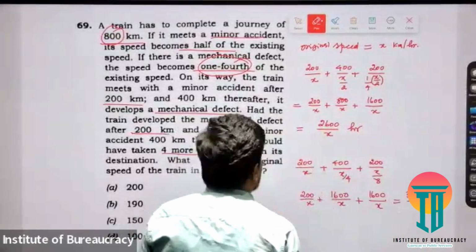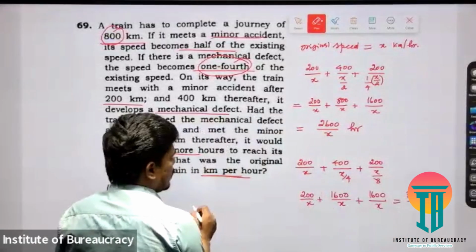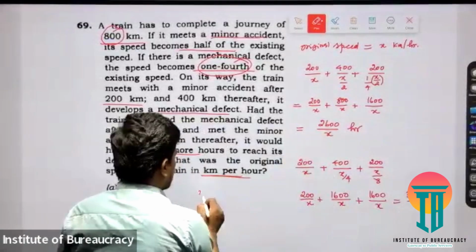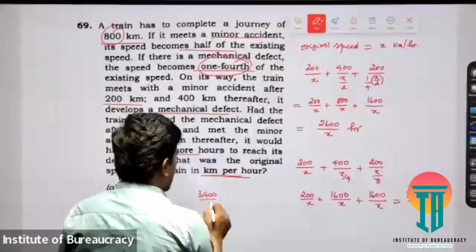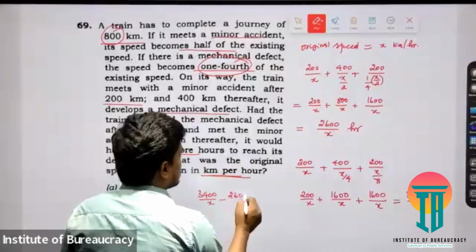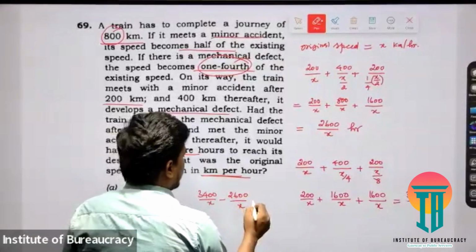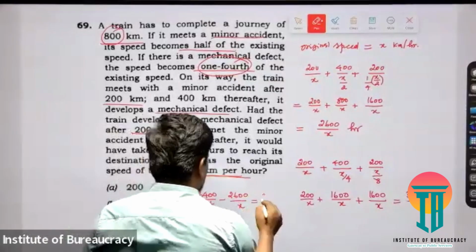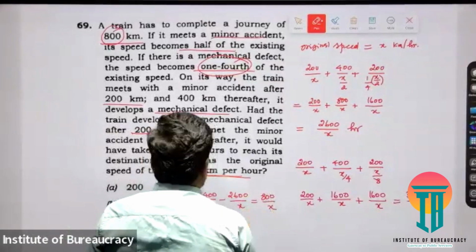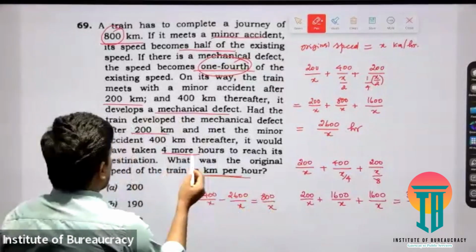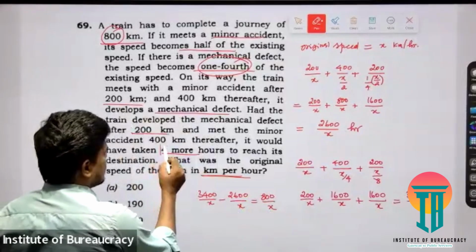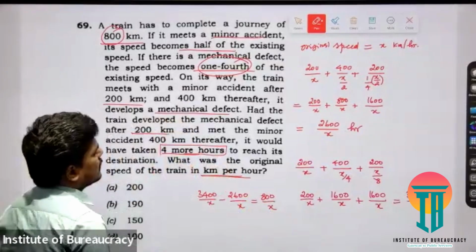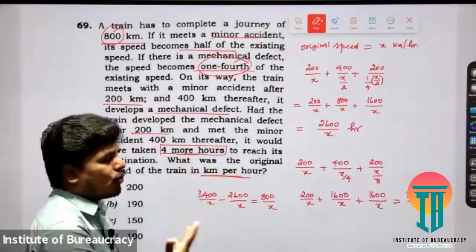Now the difference between these is 3400 by x minus 2600 by x, which is 800 by x. Now what does it say? 4 hours more. The difference between these two times is 4 hours.